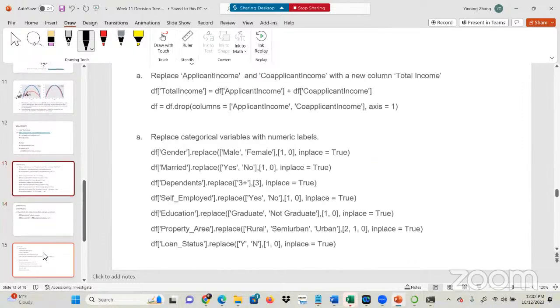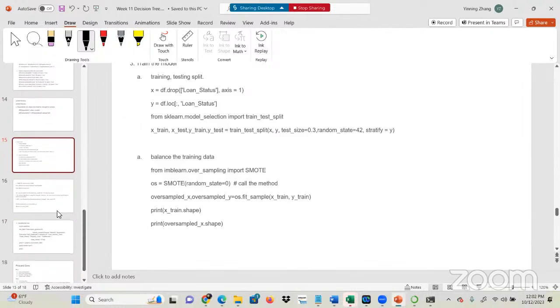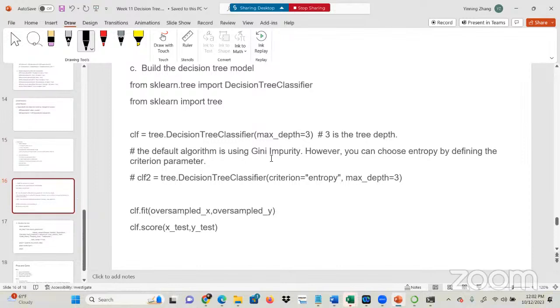So what you need to do is to specify the max depth of the tree. If it's 3, then it has 3 levels. Okay, it will stop classifying after 3. And if it is 4, of course, the tree will go deeper.